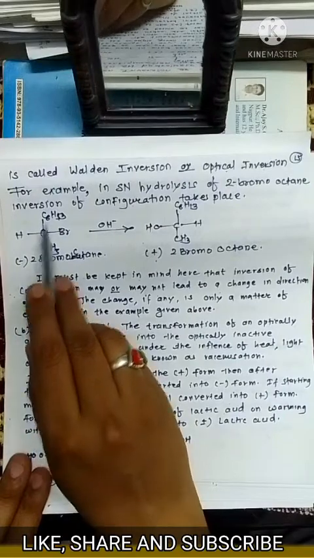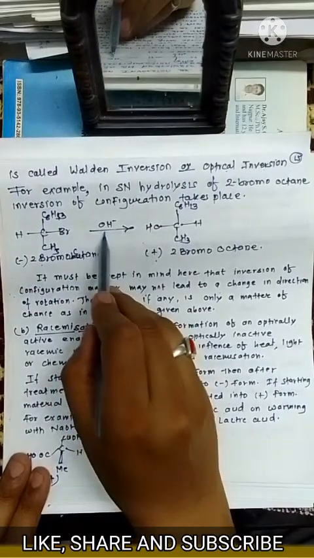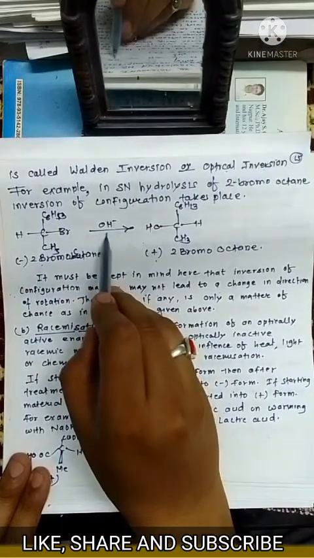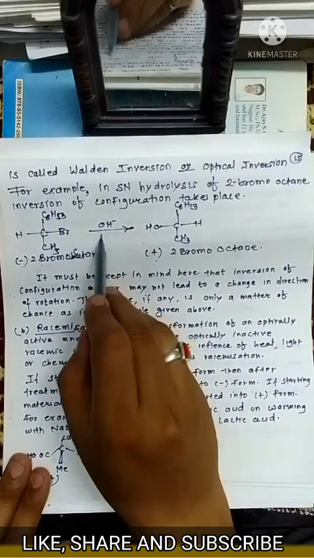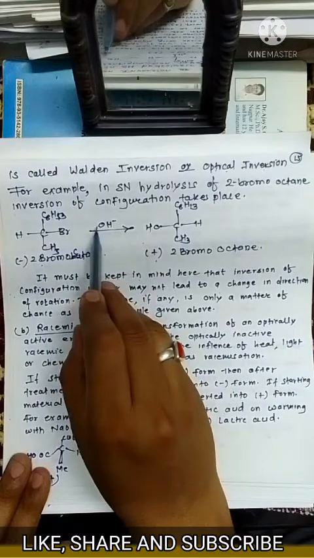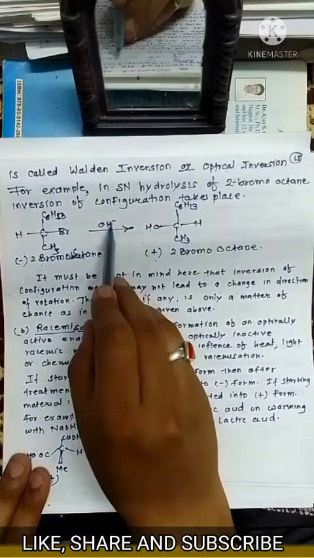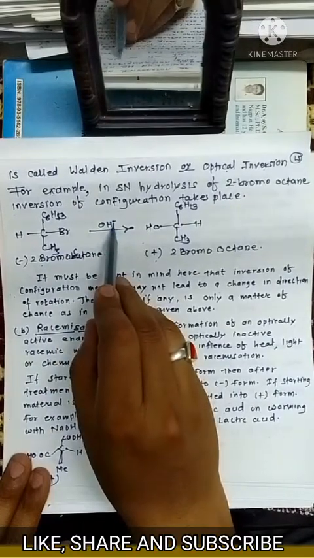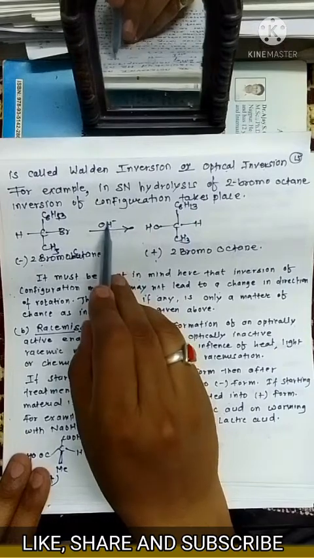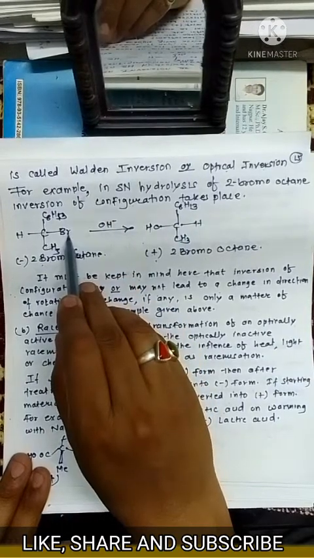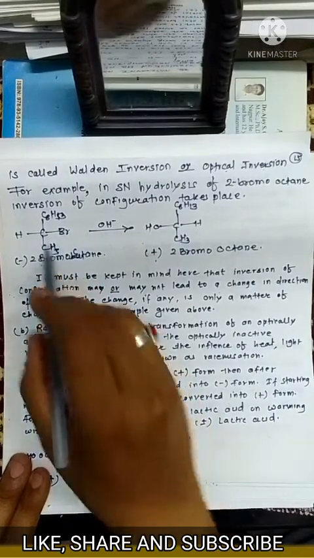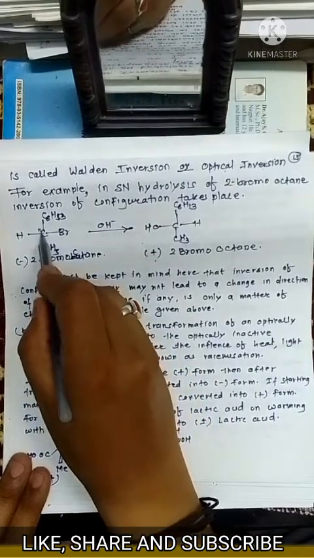Just see this reaction, that is the reaction of 2-bromooctane. When 2-bromooctane is reacted with alkali, especially NaOH or KOH, what is going to happen? This OH acts as a nucleophile and it displaces this bromine which is attached to this chiral carbon.